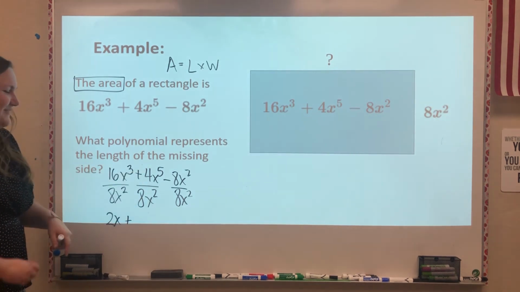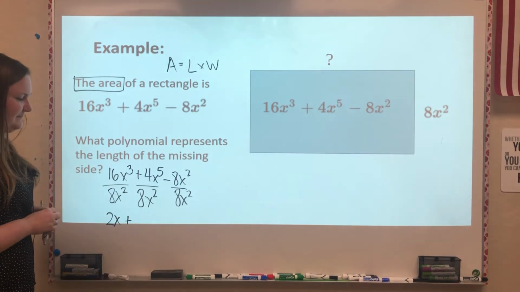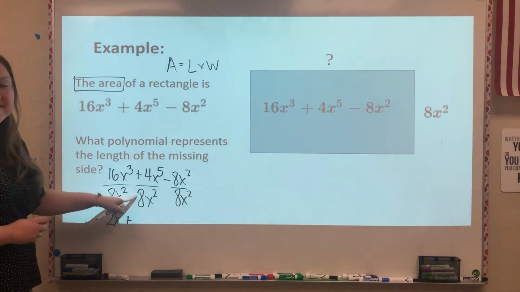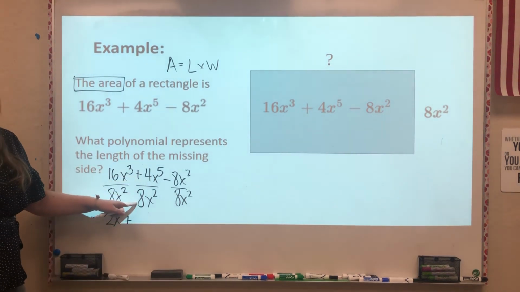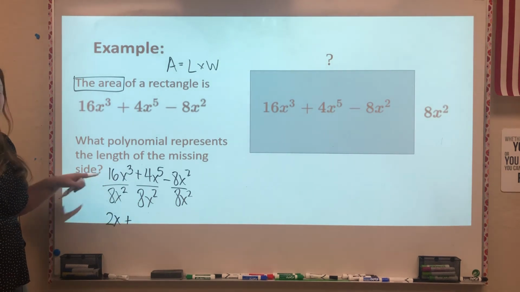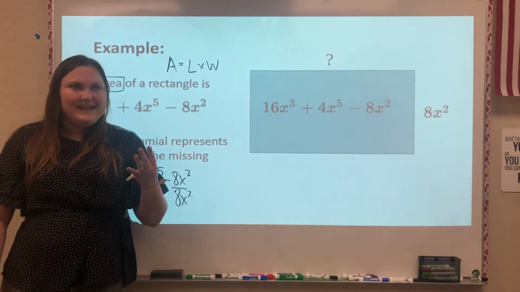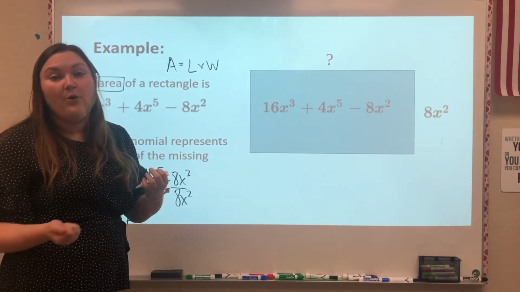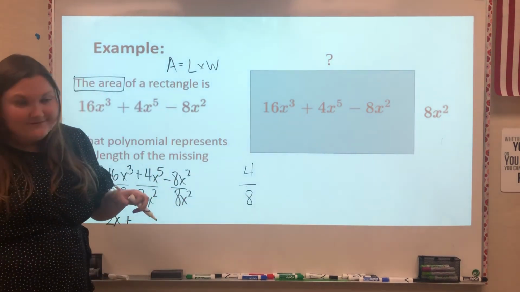For the second one, we've got 4x to the 5th power divided by 8x squared. What is that part going to give me? Now this one can be a little tricky because notice I've got 4 divided by 8. 4 divided by 8 is different than these other division problems we've done, because if you have 4, you can't divide it by 8 and get a whole number. 4 divided by 8 is actually a fraction.